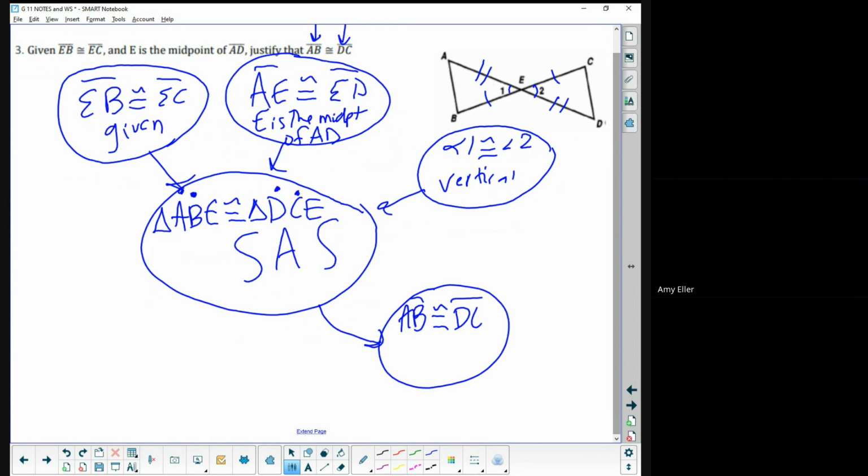I say their corresponding parts in congruent triangles. I'll read it again in case you can't see that. They are corresponding parts in congruent triangles.